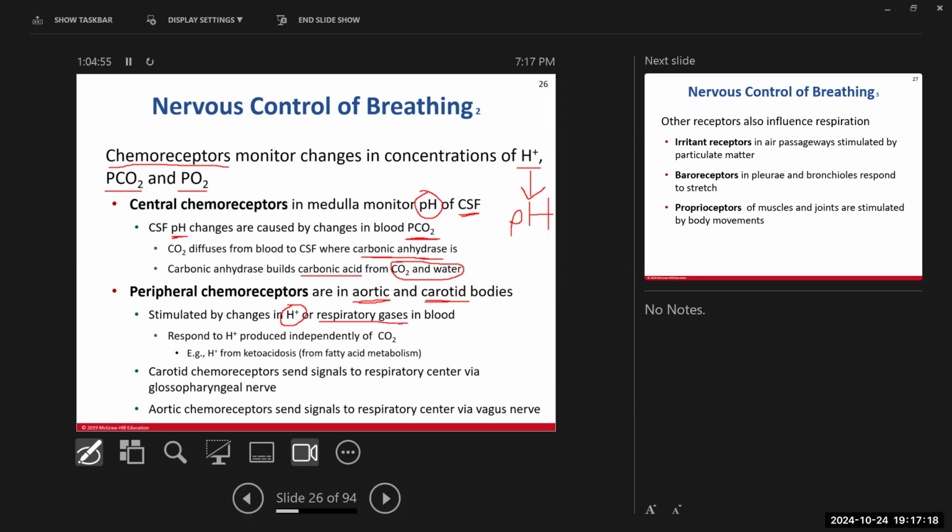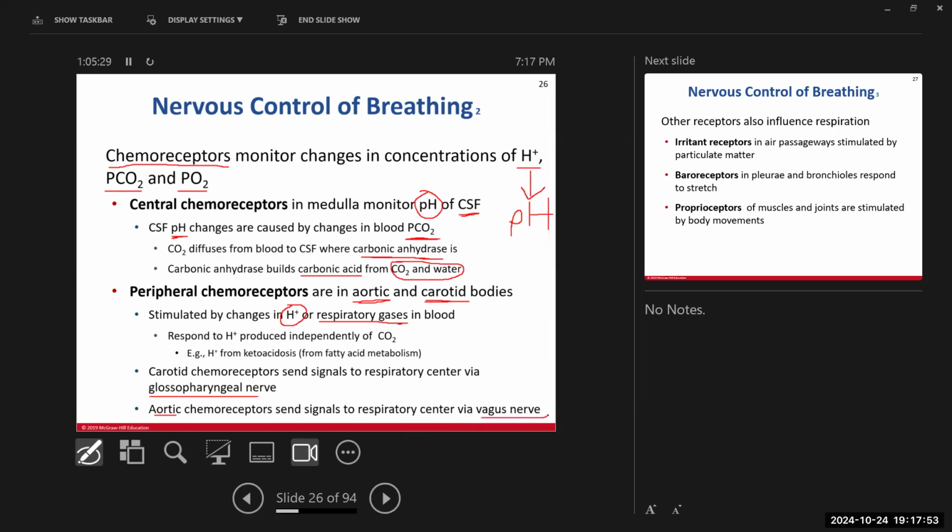All of those three things are going to be the stimuli that will stimulate the chemoreceptors to effectuate some sort of response, whether it's an increase in breathing or a decrease in breathing, which we'll talk about. I know I keep saying this later. So carotid chemoreceptors are going to utilize, and you already kind of know this from chapter 19, the glossopharyngeal nerve, and then the aortic chemoreceptors are going to be sending messages on the vagus nerve here.